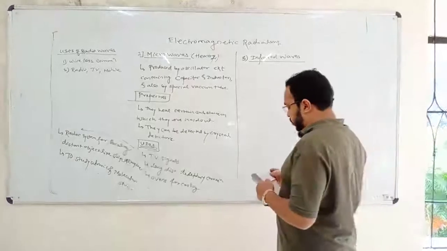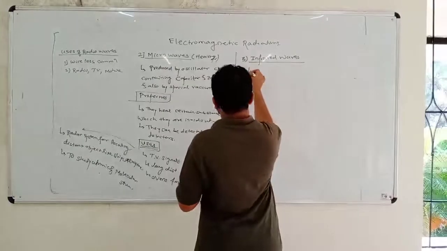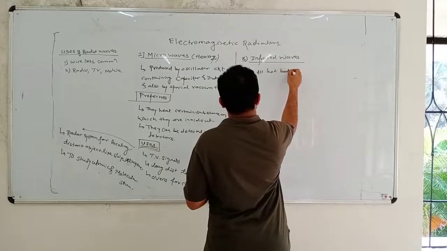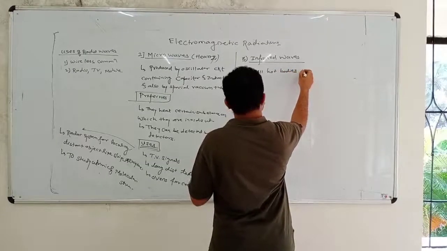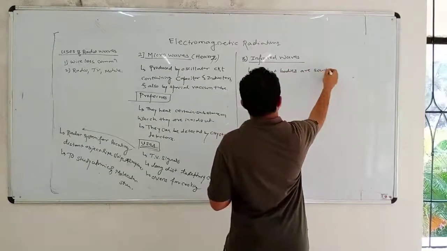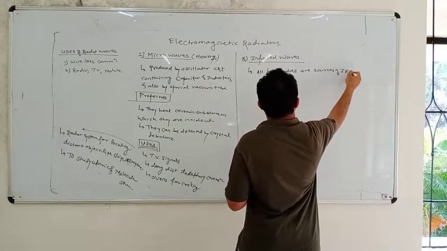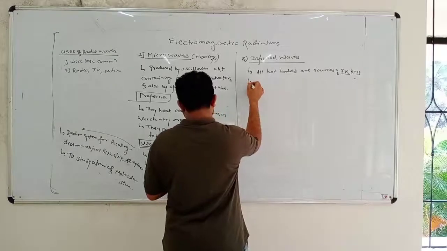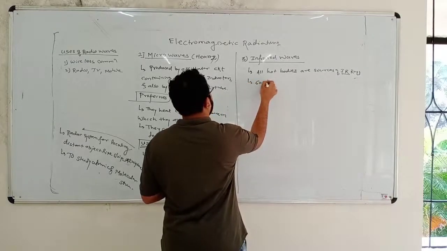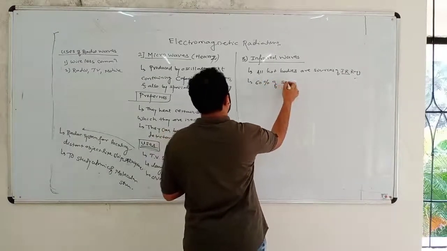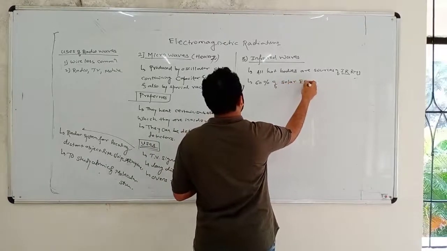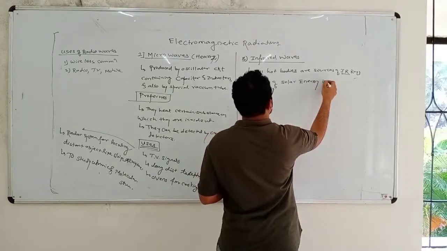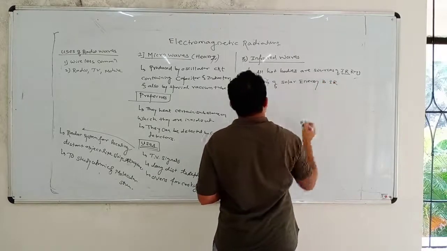So we'll write: all hot bodies are sources of infrared rays. 60% of solar energy is infrared.